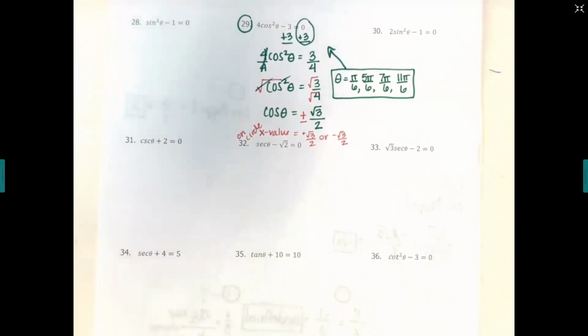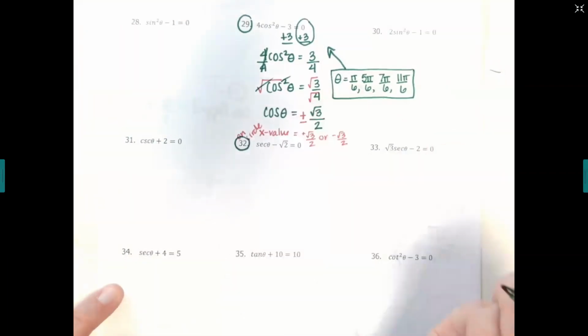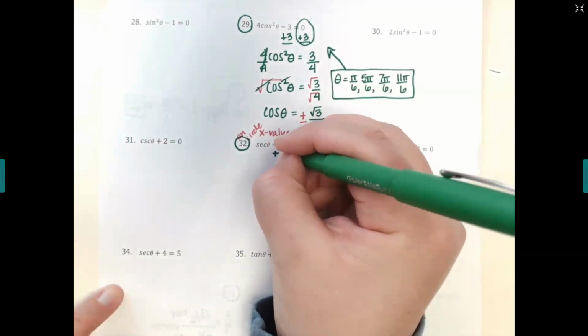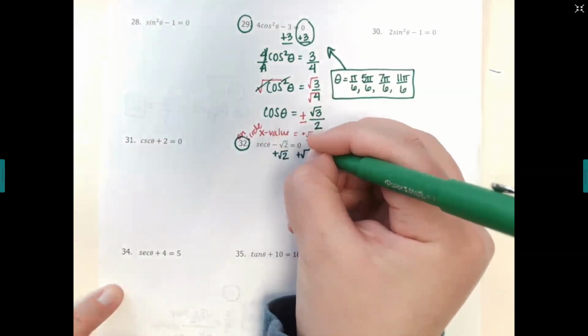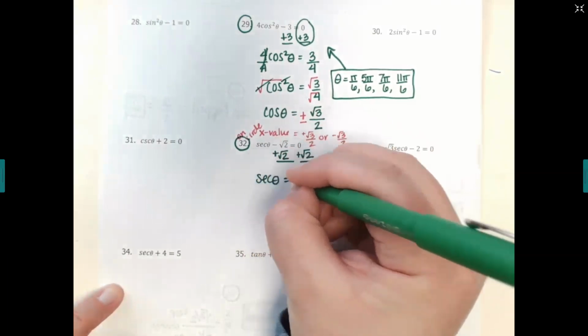All right, last one we're gonna do, let's do number 32 right below it. What do you think you should do first? Add the root 2 across is correct. 0 plus root 2 is gonna be secant theta equal to root 2.